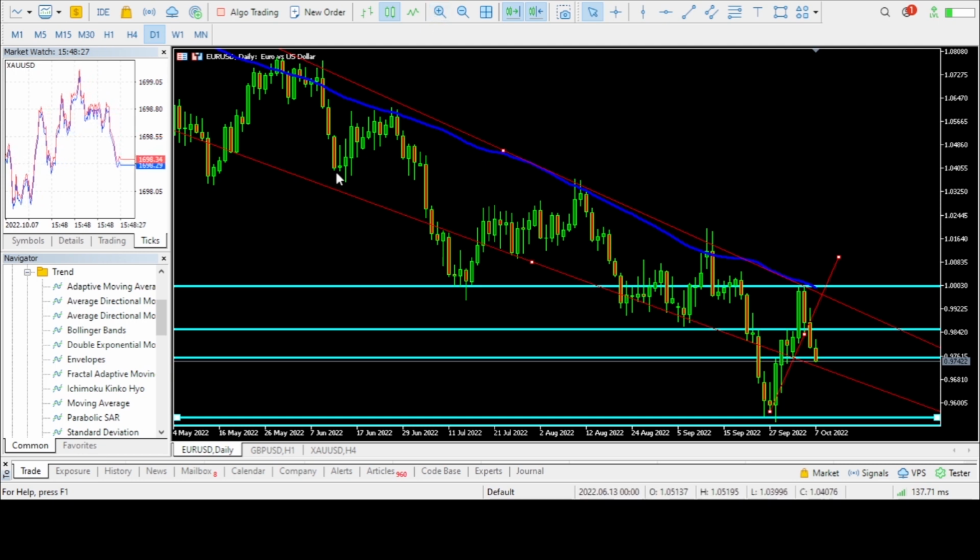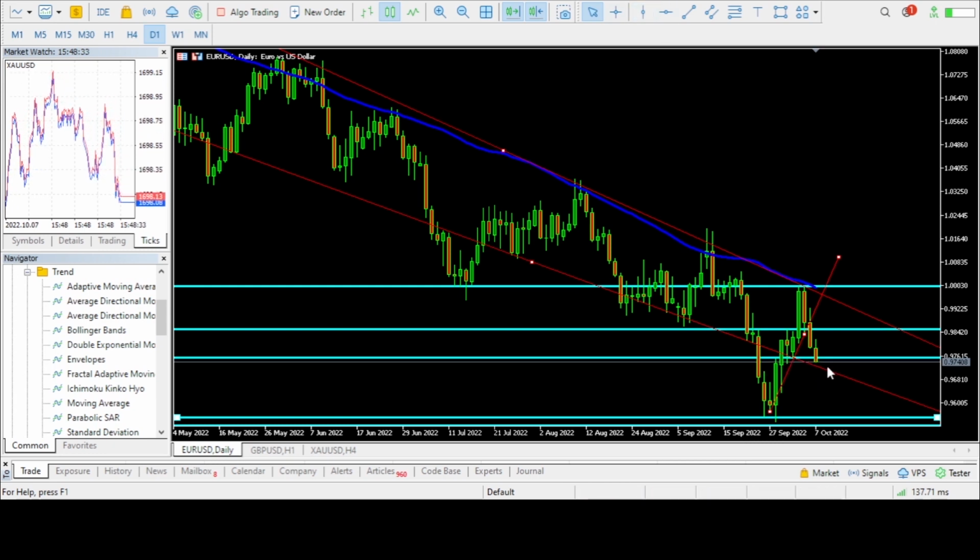So this is on the daily time frame now. If the market closes below this support line, if it breaks through this, then we're looking to sell to this place. Do you understand it? We're looking to take a sell here.